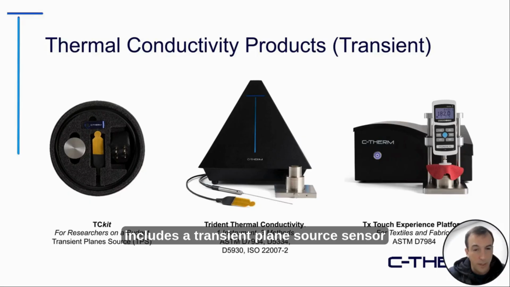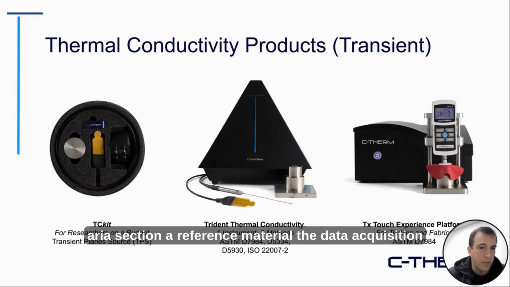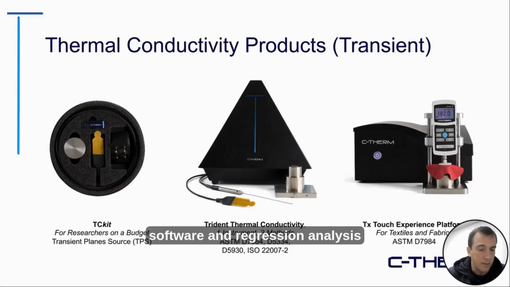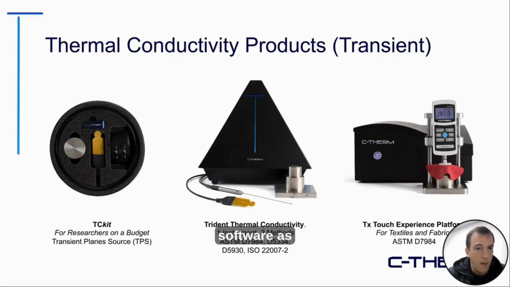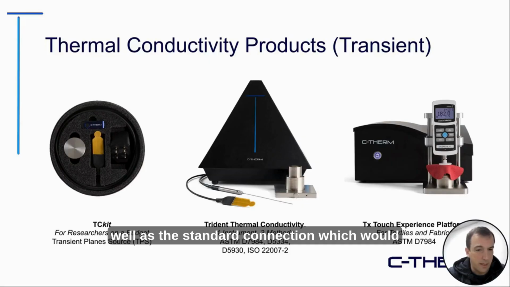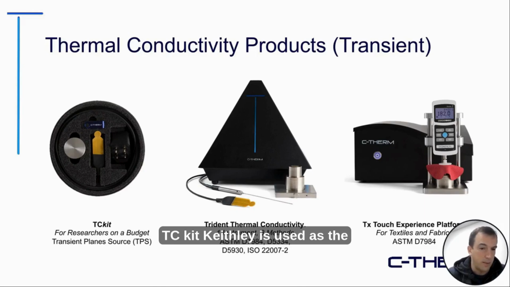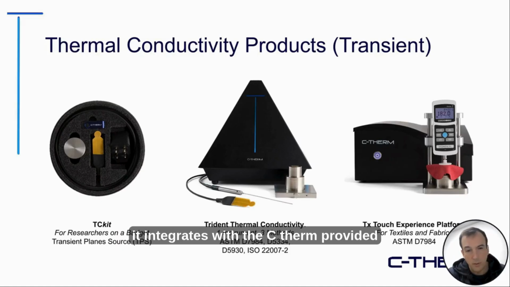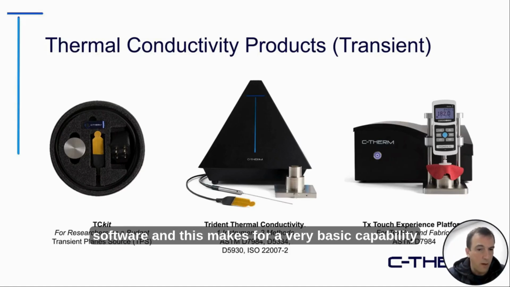It includes a transient plane source sensor, which we'll describe in a little more detail with Arya, a reference material, the data acquisition software and regression analysis software, as well as the standard connection, which would connect to a Keithley source measure unit. So with the TC kit, the Keithley is used as the data acquisition system, and it integrates with the C-Therm provided software, and this makes for a very basic capability to measure conductivity.